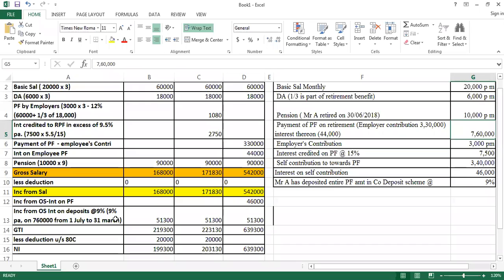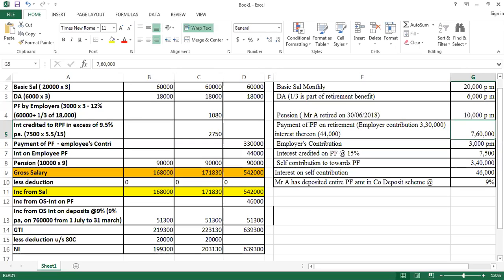Now this is 9% for a full year, so we have to take it only from 1st July. Why? Because when do you receive PF? You receive your PF only on retirement. So let us say you retired on 30th June.